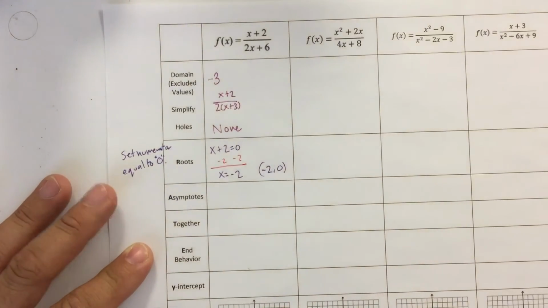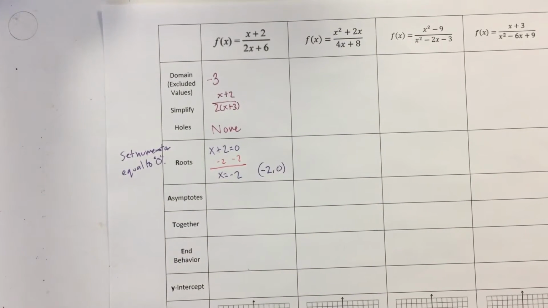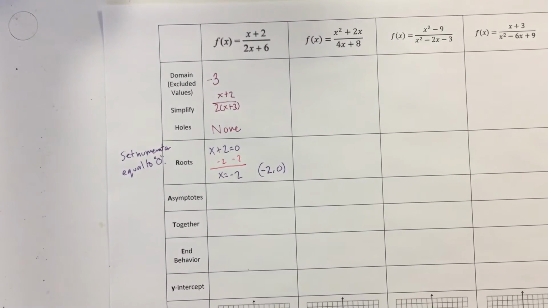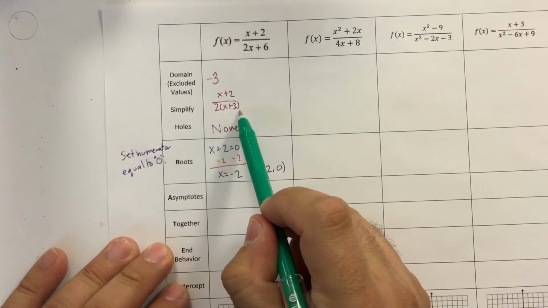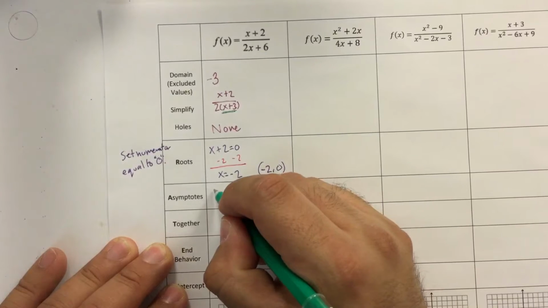Set the numerator equal to 0. Okay, asymptotes. We set the simplified denominator equal to 0 for the part that has an x. For this one, we have 2 times x plus 3. The only part that has an x is x plus 3, so we set that equal to 0.